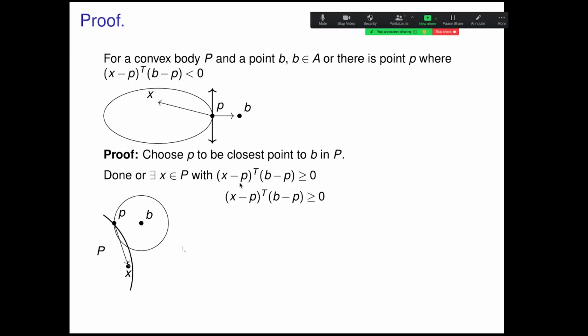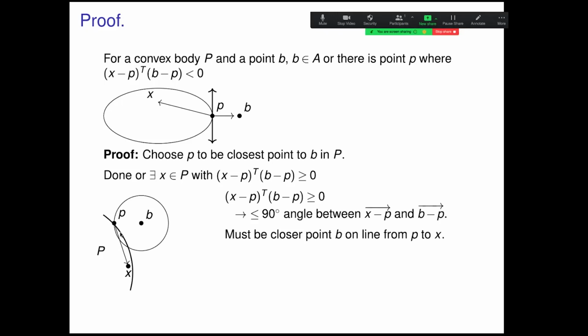So is this angle bigger than 90 degrees or less than 90 degrees? Less than 90 degrees. So you're kind of going in the direction you want to. Is that clear? So there must be a closer point to B.